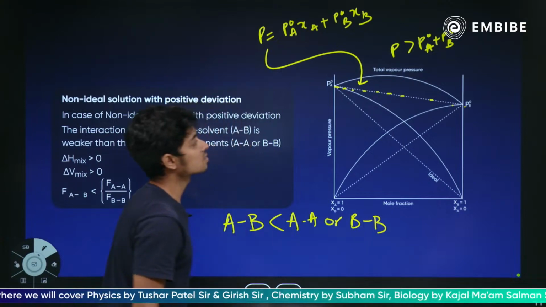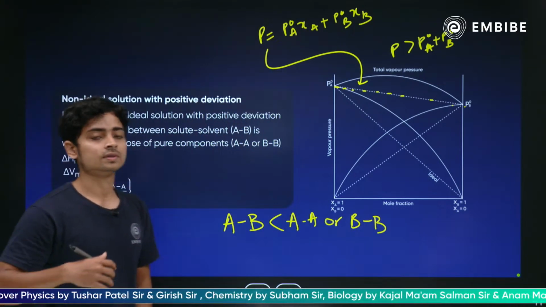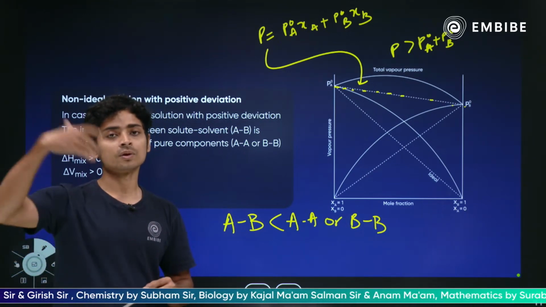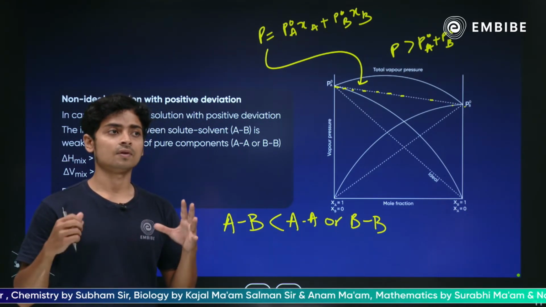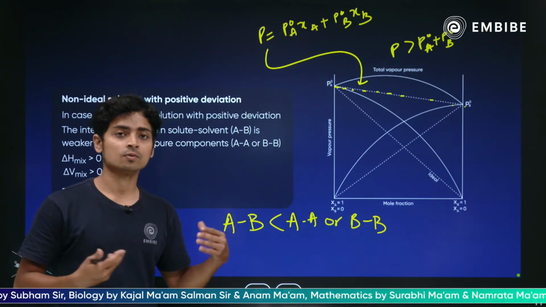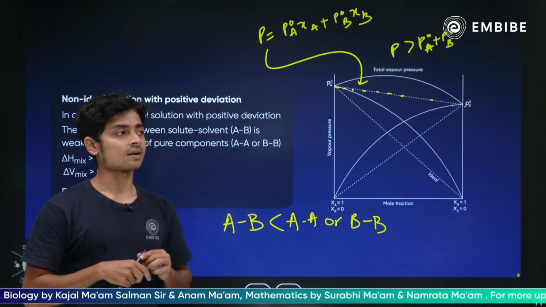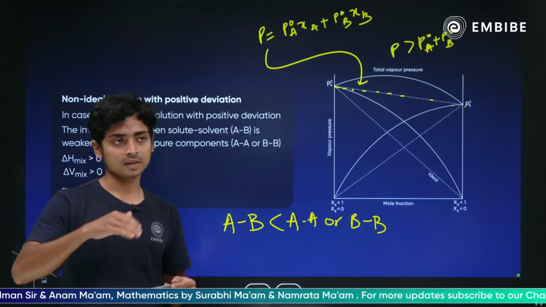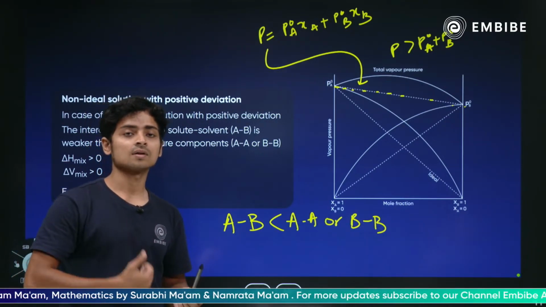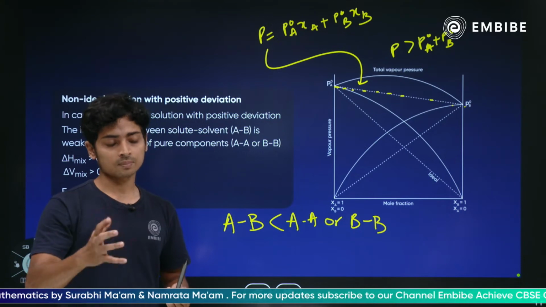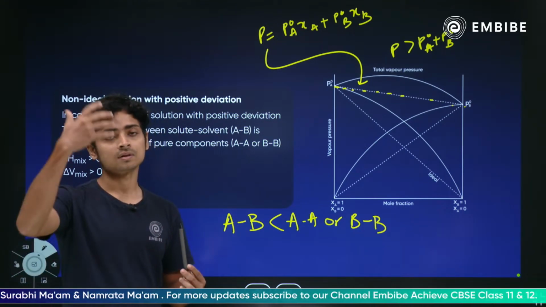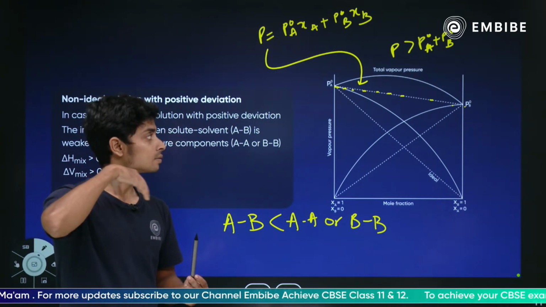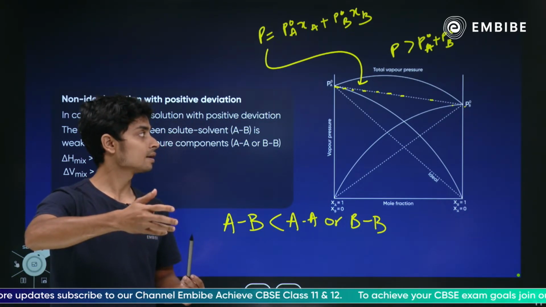If your interactions are weaker, more of the solute and solvent particles can go into the vapor phase, because in the liquid phase there are more forces of attraction. So if the forces of attraction decrease, the equilibrium will allow more vapor particles, particles of both A and B, to go into the vapor phase.